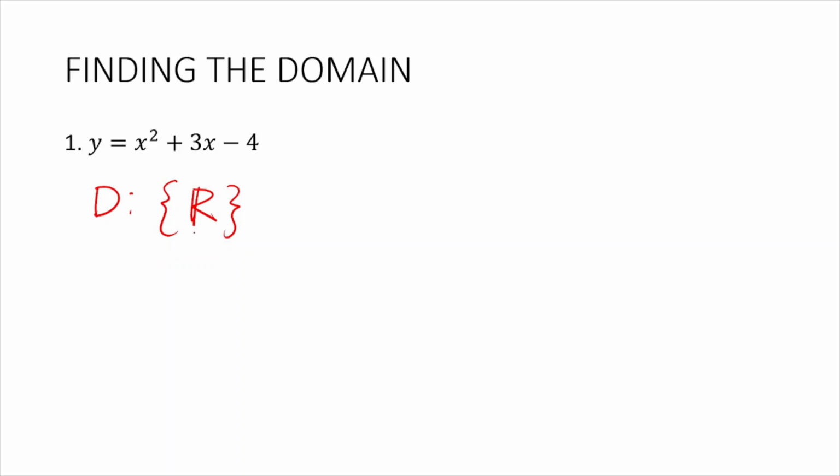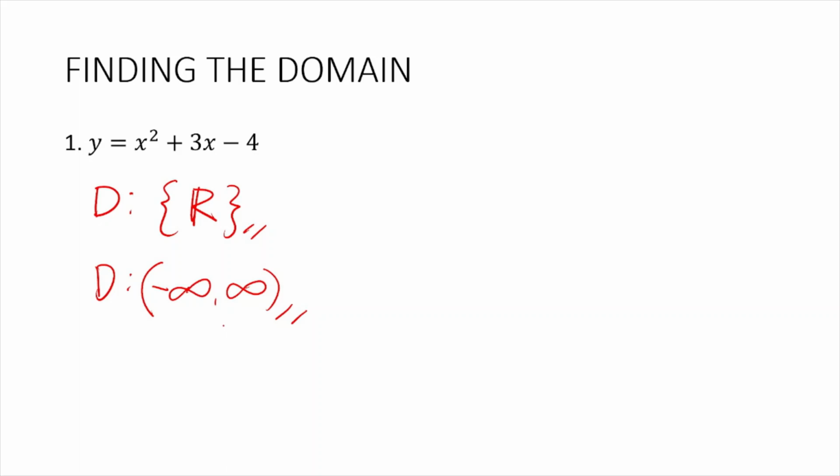For example, the set of all real numbers means that it includes all real numbers, or x values in this case, because we're talking about the domain. So it includes all x values from negative infinity to positive infinity. Again, these are the two ways we can present or identify the domain of the function: the set notation and the interval notation.